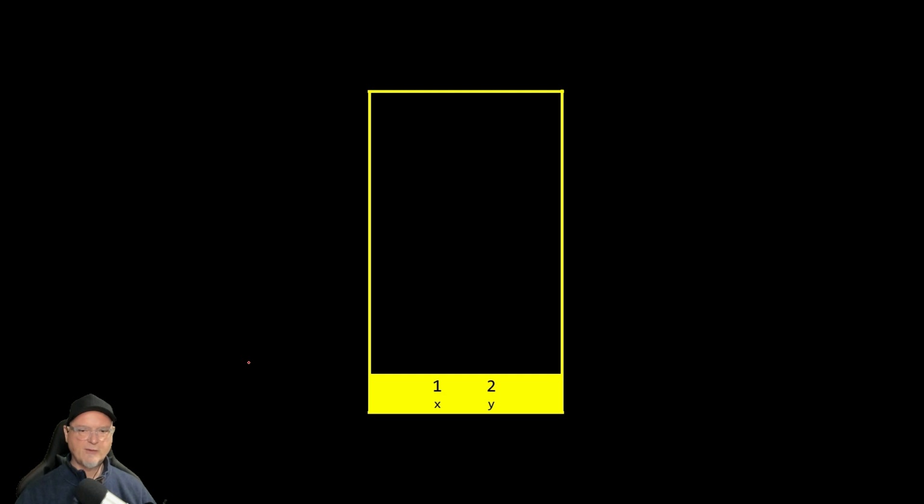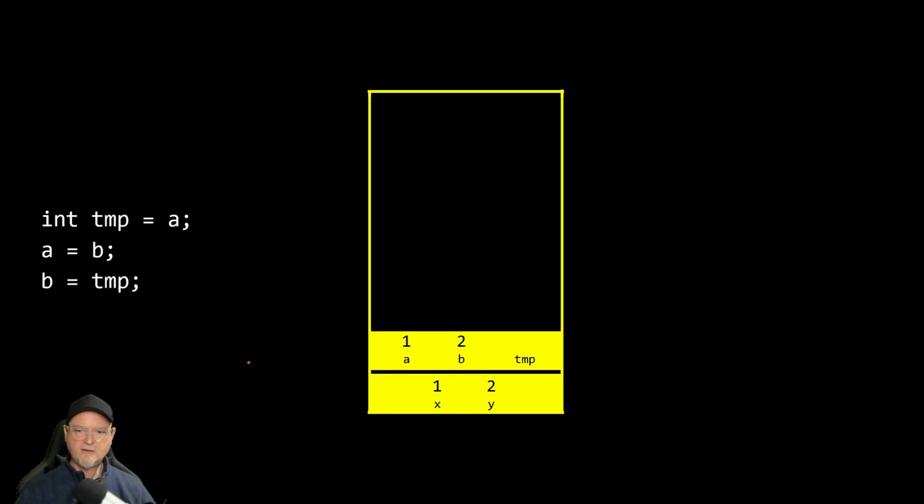And we might have our variables. They might have some values. We've got our program invoked, and we're storing the locations of those, A, B, and a temp to execute the swap. So we store the values of the variables at the locations 1 and 2.